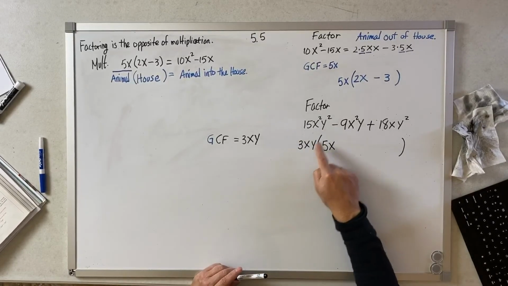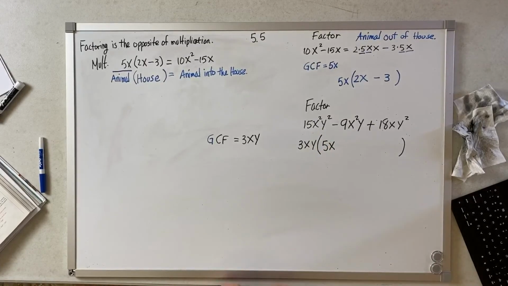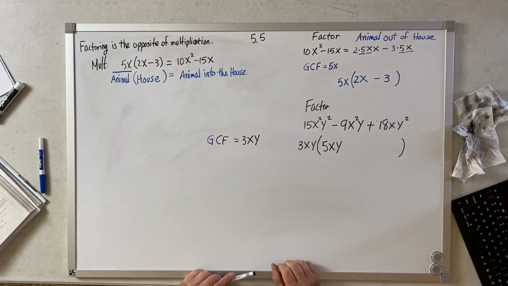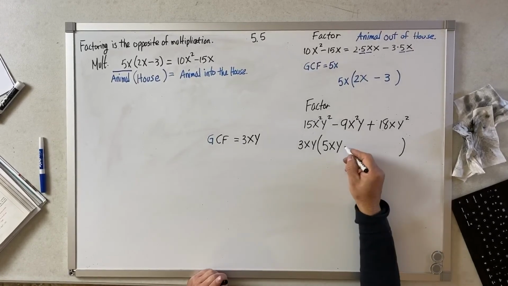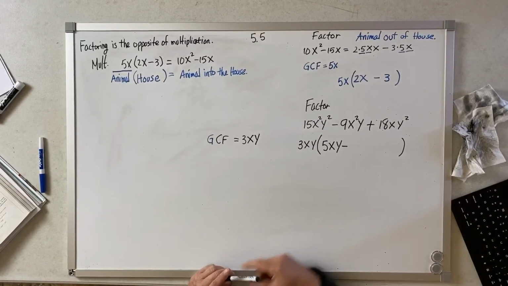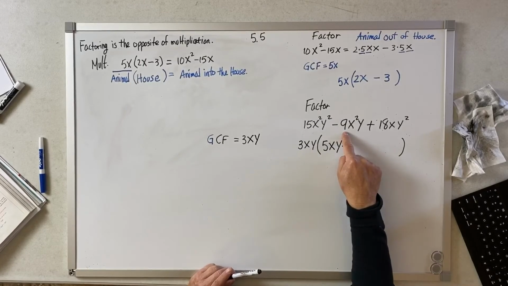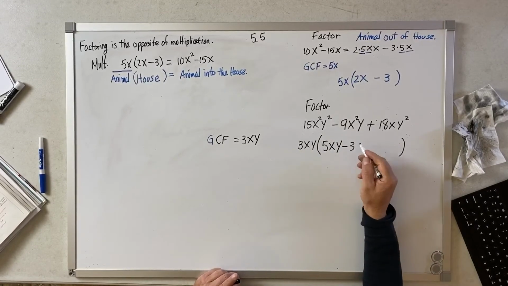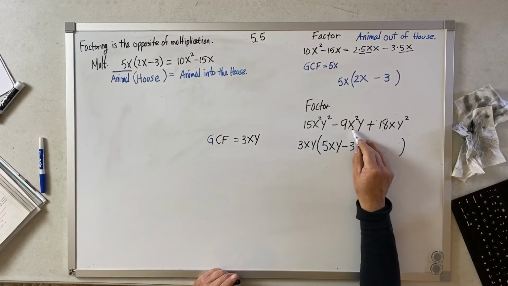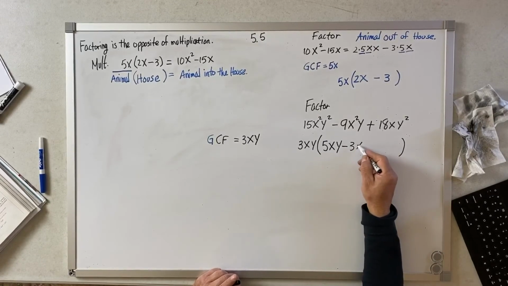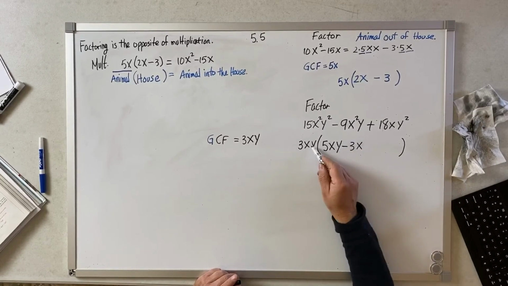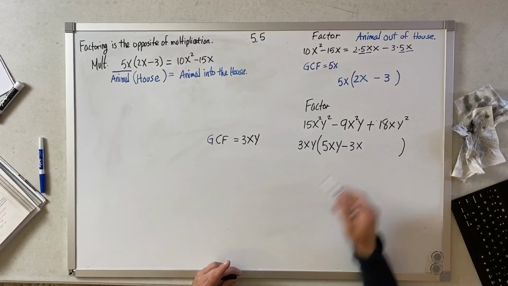If you take out a y from y squared, what's left inside? A y. Okay. Minus. If you take out a 3 from 9, what's left inside? A 3. If you take out an x from x squared, what's left inside? An x. And if you take out a y, this y came out, there's no y inside.